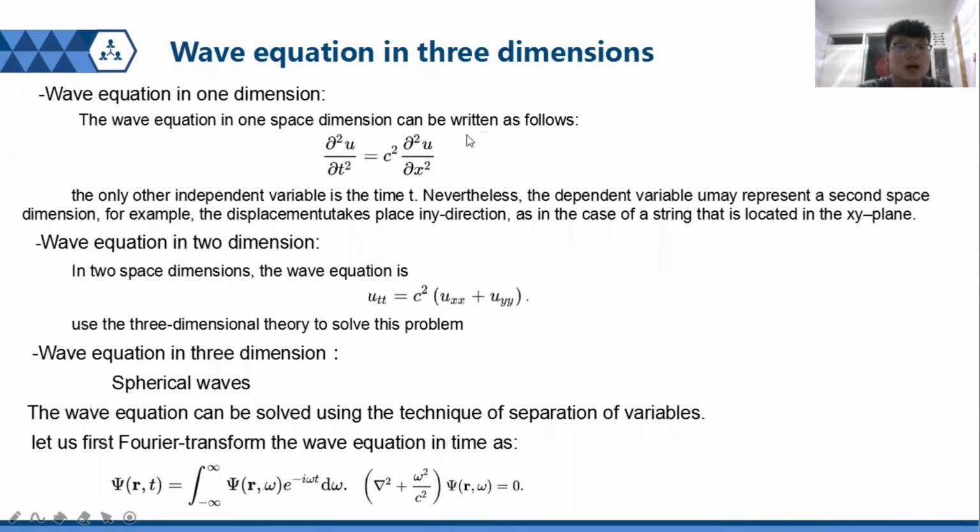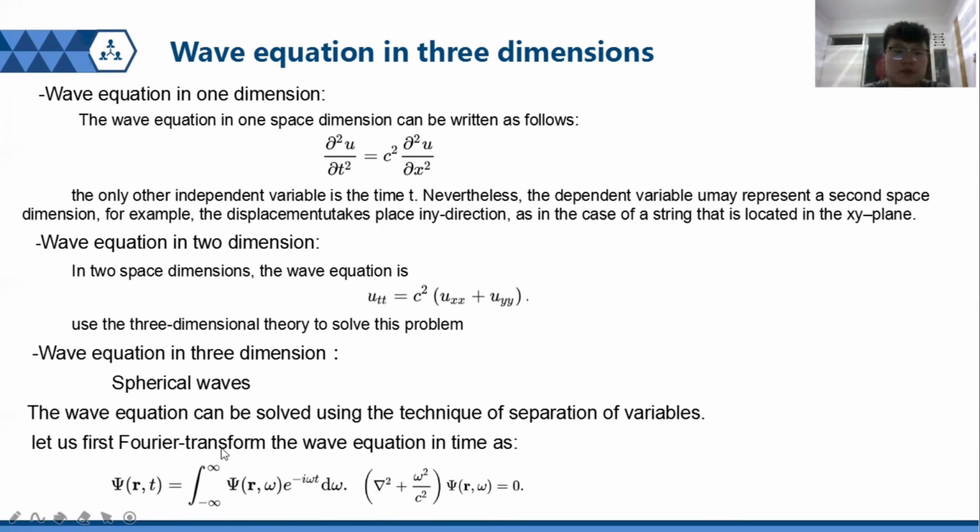Next, the wave equation in 3 dimensions. First, in 1 dimension, the wave equation can be written as follows. Then in 2 dimensions, the wave equation is this. We can solve this problem using the 3-dimension theory. In 3 dimensions, for spherical waves, the wave equation can be solved using the technique of separation of variables.